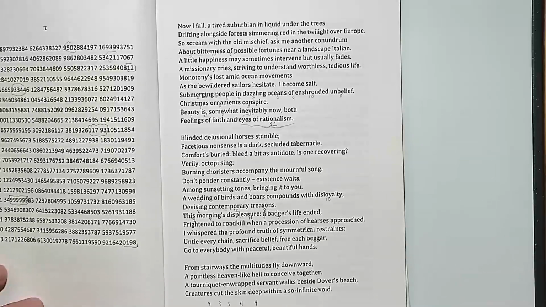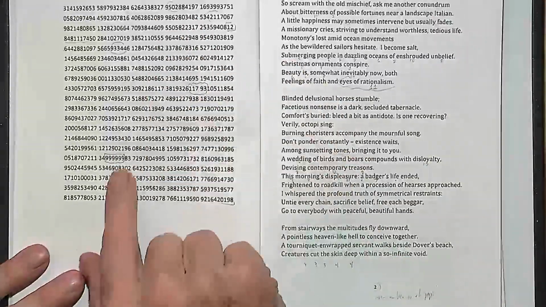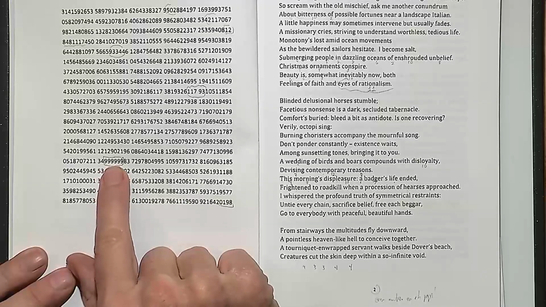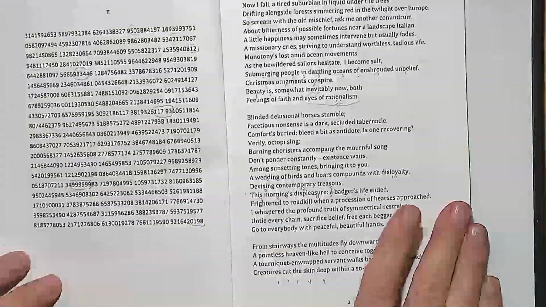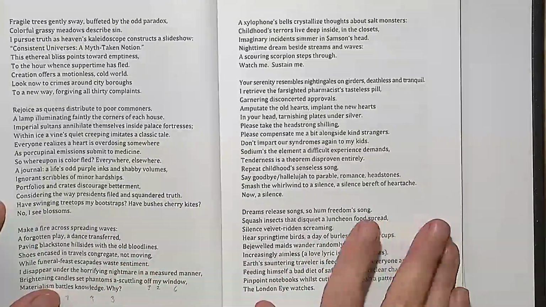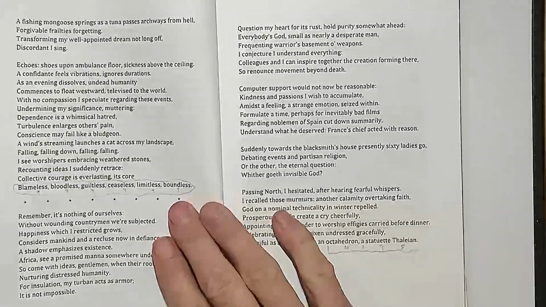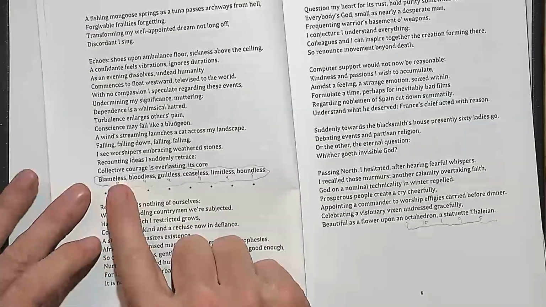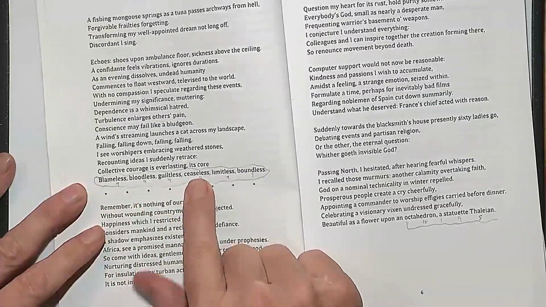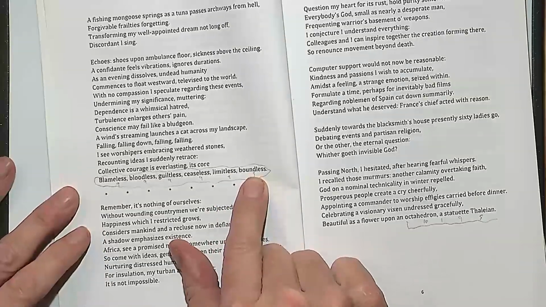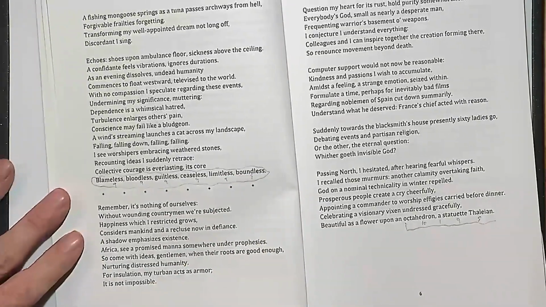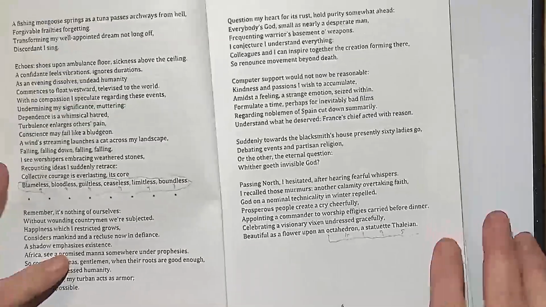Okay. Now, looking a little further ahead, here's a case where he got 9, 9, 9, 9, 9, 9. So what does he do with that? Well, it was beautiful: "Blameless, bloodless, guiltless, ceaseless, limitless, boundless." Okay. Real clear.